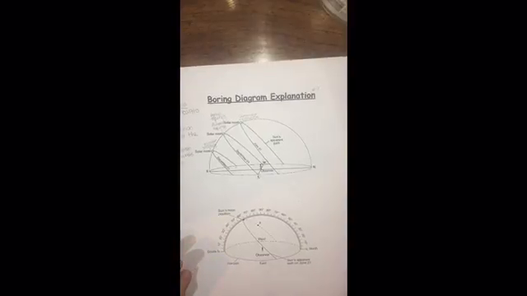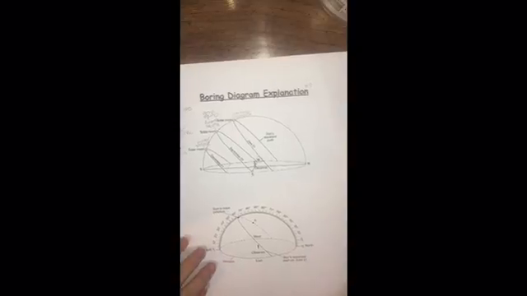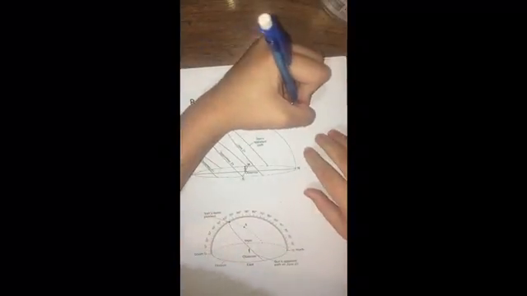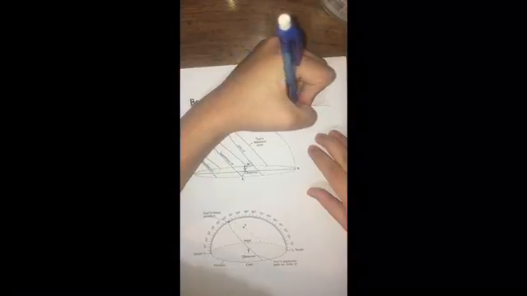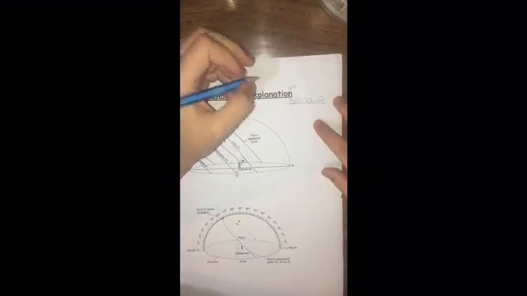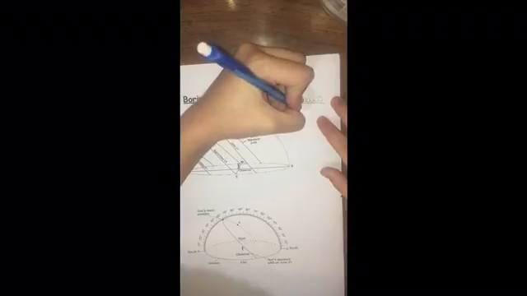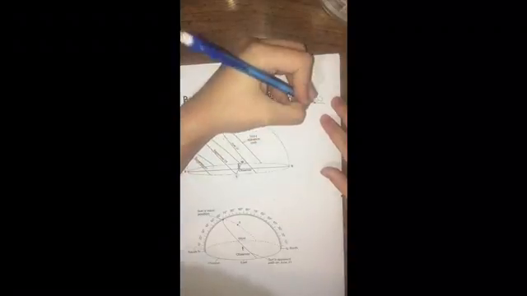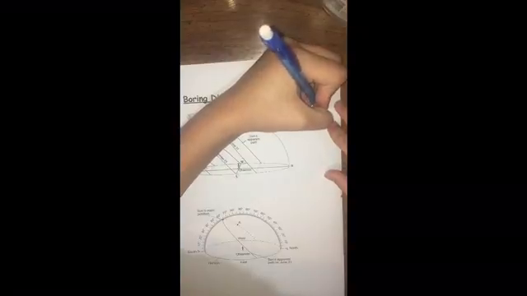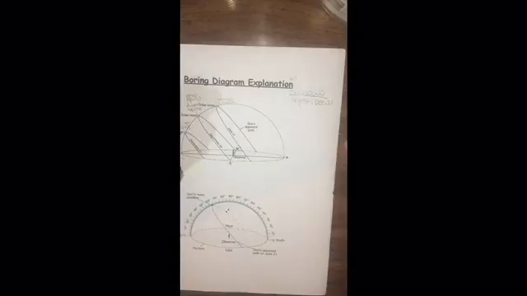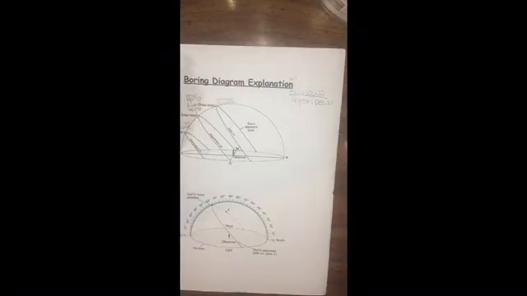So something to do with the sun's path is also shadows. Shadows are longest on December 21st, which is the winter solstice, because the angle of insolation will be lower.